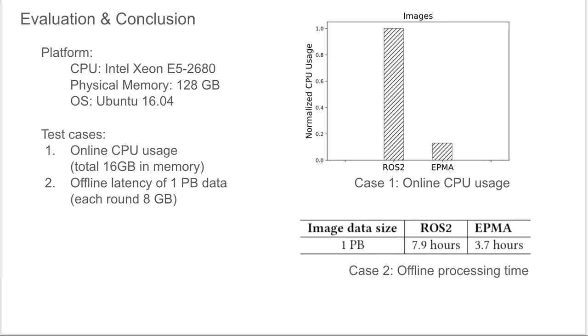To evaluate these methods, we conducted two test cases. The first, we measure the online CPU usage to simulate the case of running vehicles, the efficiency of the forwarding component.